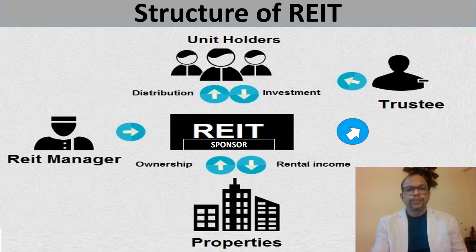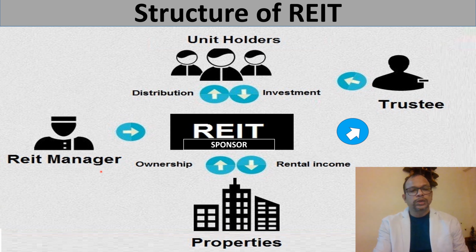So we'll discuss the structure of a REIT. It starts with the sponsor. Generally, the sponsors are the real estate developers. They own and manage the properties, and they will give them to a trustee. The trustee manages the properties, and in turn gives them to the REIT manager.